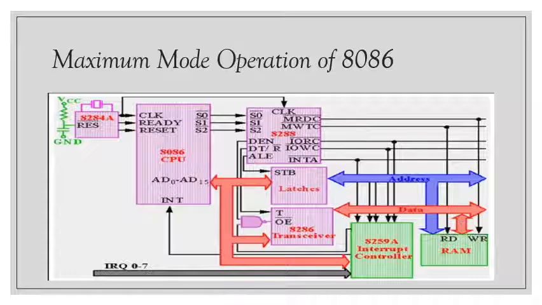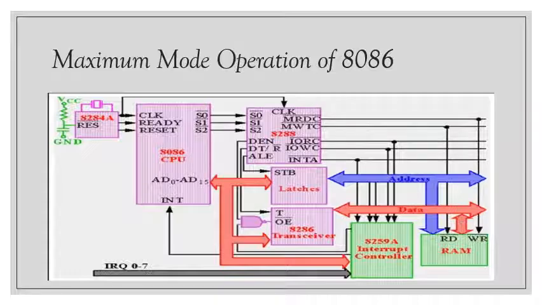The IORC and IOWC are the I/O read command and I/O write command signals respectively. These signals enable an I/O interface to read or write the data from or to the addressed port. The MRDC and MWTC are memory read command and memory write command signals respectively and may be used as memory read or write signals.